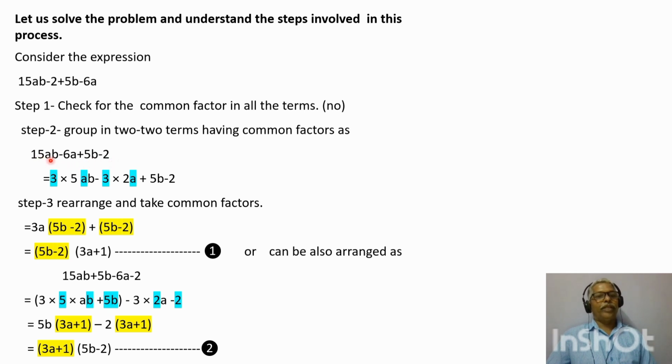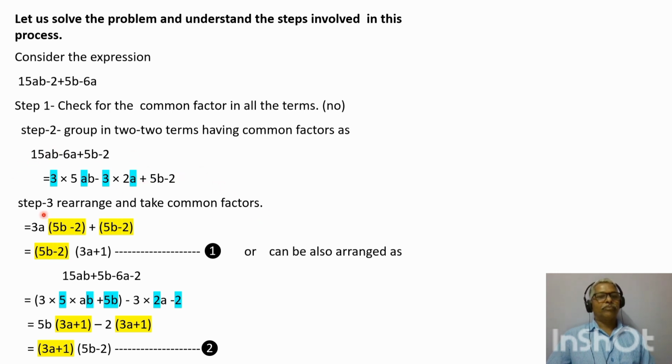Now 15ab, 15 is written as 3 into 5, ab remains as it is, 3 into 5ab. Minus 6a is written as 3 into 2, a as it is, and this 5b minus 2 is carried forward as it is. Third step is rearrange and take the common factors. We have already rearranged this.